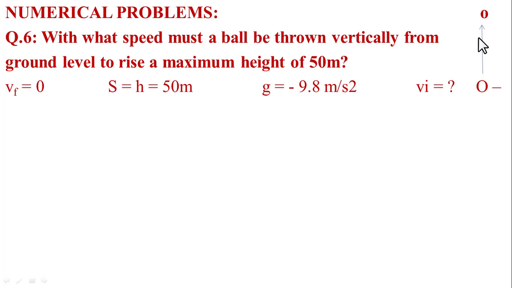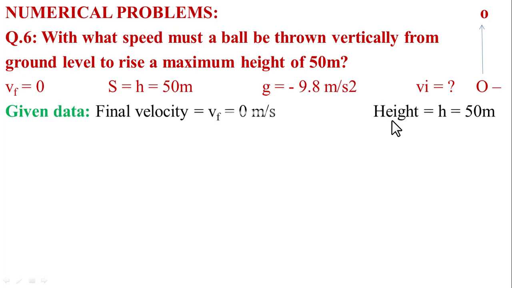S distance is 50 meter. Value of g is negative because the body is moving upward. g is equal to minus 9.8 meter per second square. And find the initial velocity. Now, given data, final velocity Vf is equal to 0 meter per second and height h is equal to 50 meter.